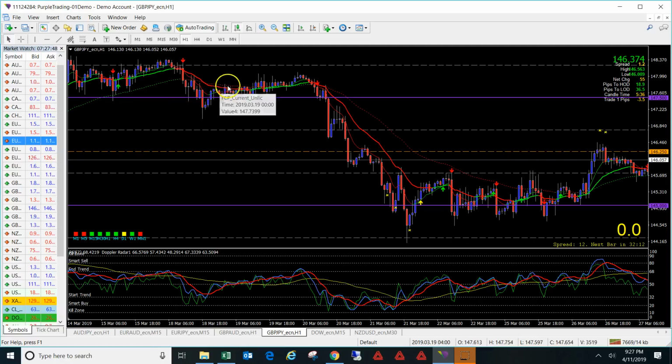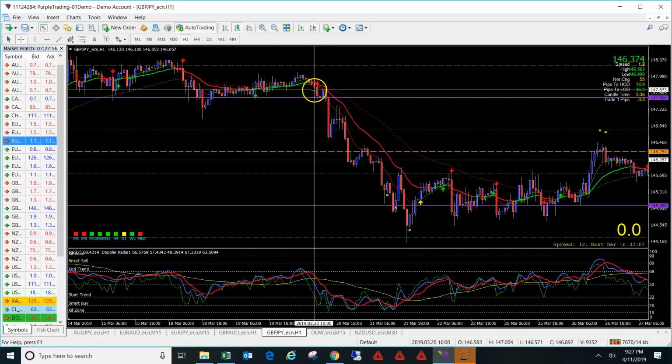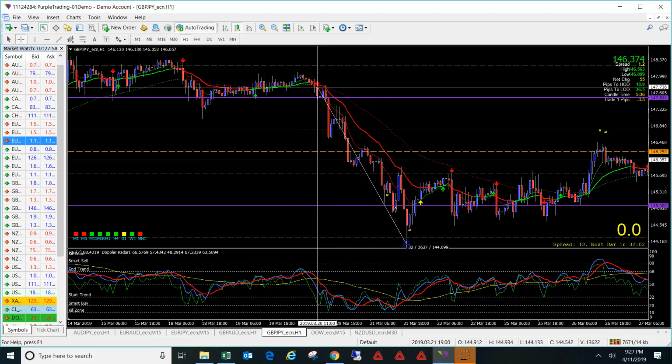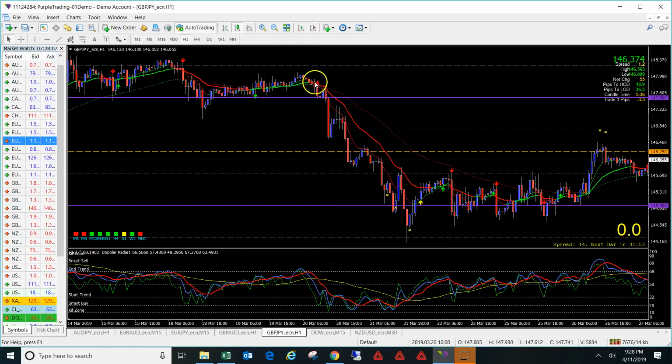So you can see right here, all three of the currents are squeezed up in there together, and then you get this nice breakout to the downside, which, if you were a swing trader and wanted to hold it, was like 360 pips with no drawdown.